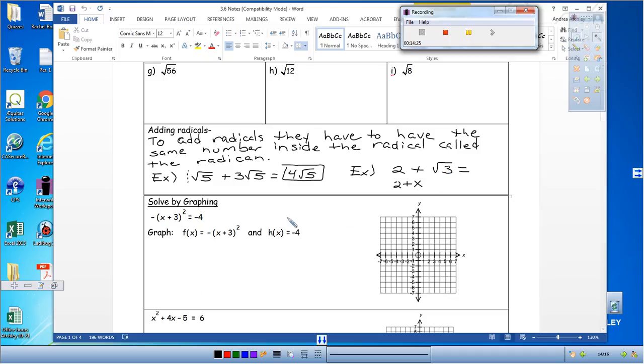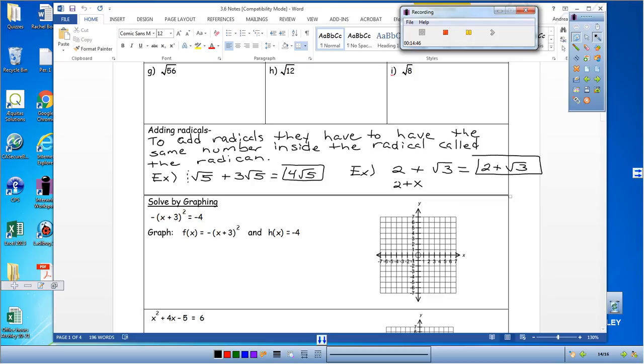Can you add 2 and x? No, that'd be multiplying 2 times x. Okay? So you can't combine these, they're not like terms, so you just keep it as 2 plus the square root of 3. That's as far as we can go without using a calculator, without estimating our answer. This is an exact value here. Any questions over that?